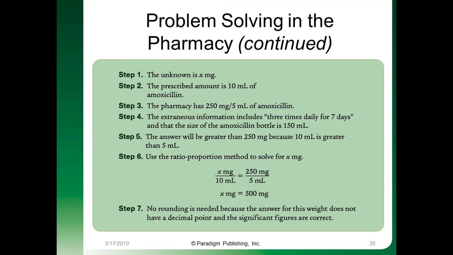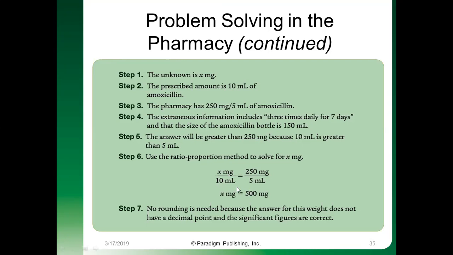So let's set up the ratio and proportion method to solve for X milligrams. X milligrams over 10 mLs is equal to 250 milligrams per 5 mLs. Okay, so this is what the pharmacy has in stock. This is the desired amount over the amount that the physician prescribed, correct?